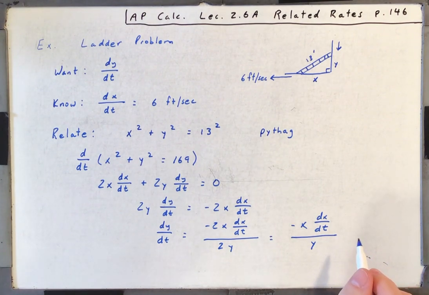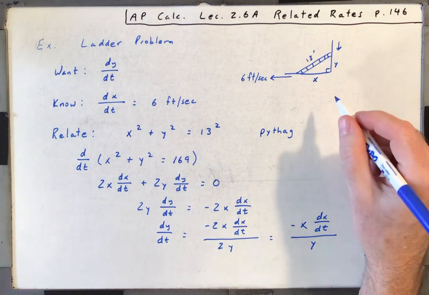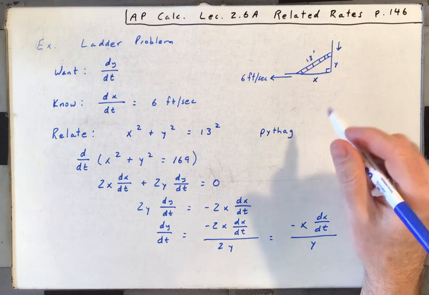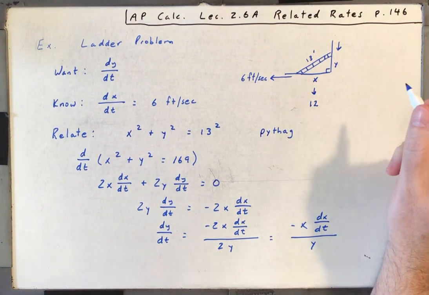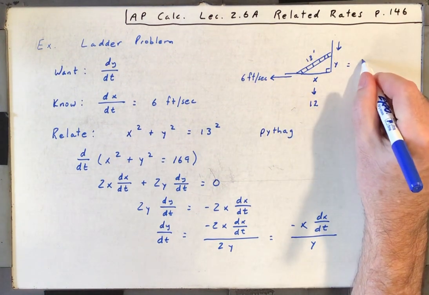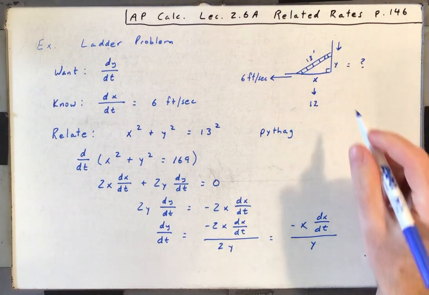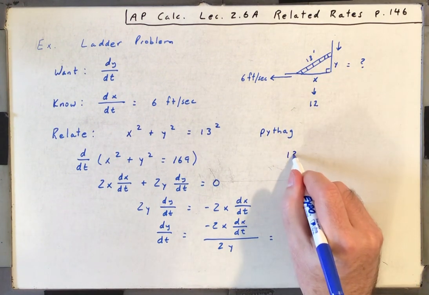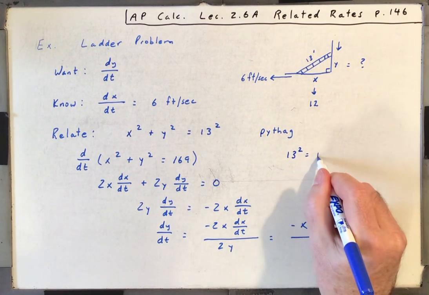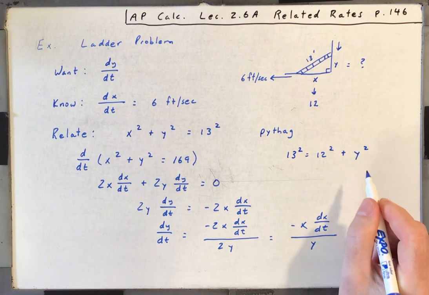So you've done your calculus. Now it's a matter of plugging the numbers in. Well, we know that dx/dt is 6 feet per second when x is 12. So what does y equal? Because we're going to have to plug that in. Well, we know that this is a right triangle, so 13 squared is equal to 12 squared plus y squared.